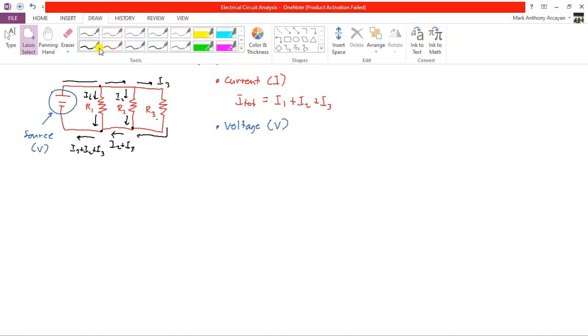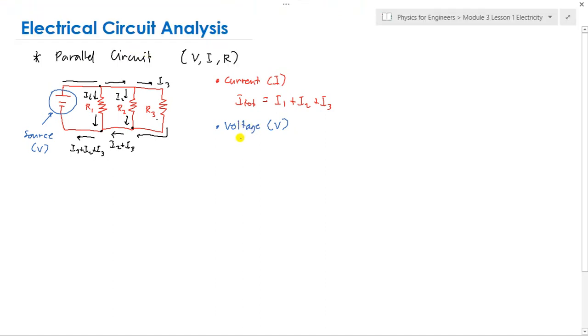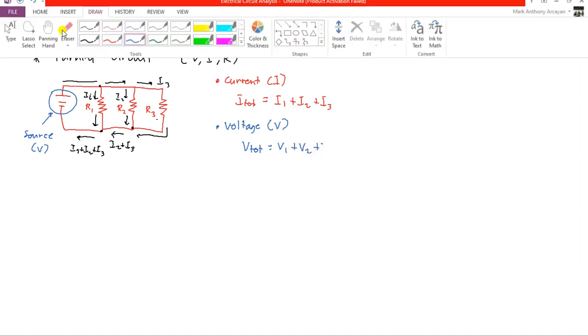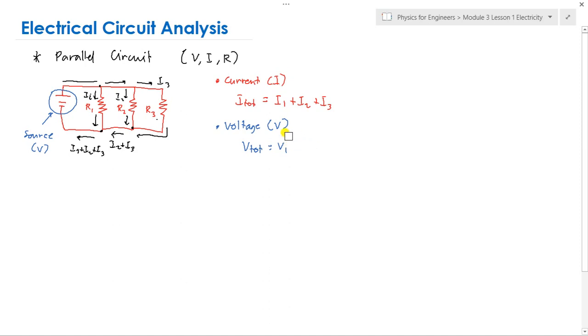Equal ra ang sukod ana. Equal din siya, sorry. Di na siya addition. V1 equals V2 equals V3.